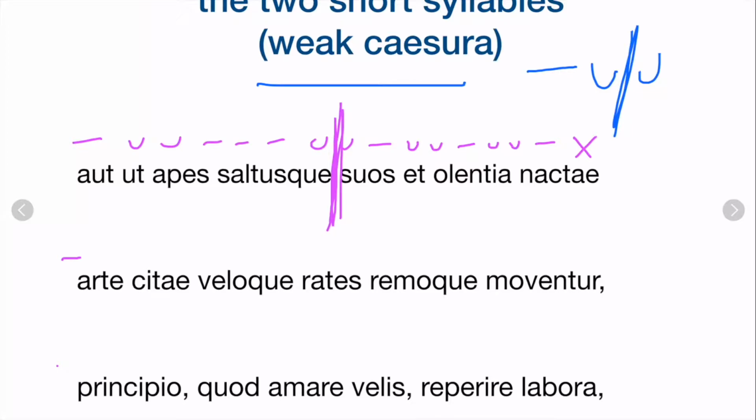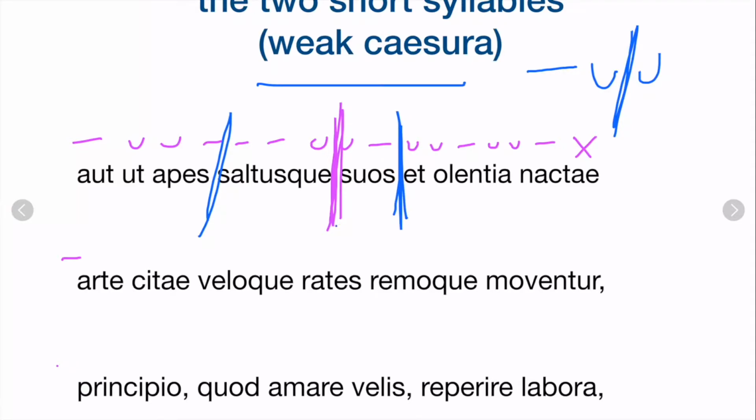No, actually, I think this is another one of these ones that has its caesura after 3. So there's a caesura there. Okay, and then 4, 5, 6, 7, and then that's a nice caesura there.